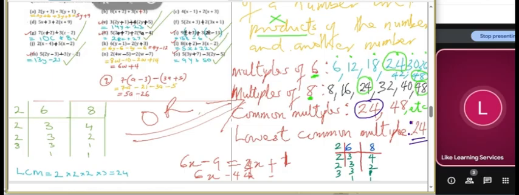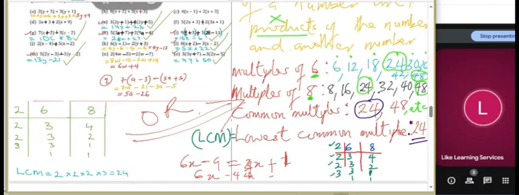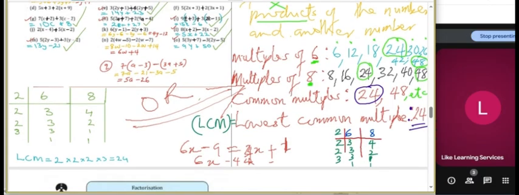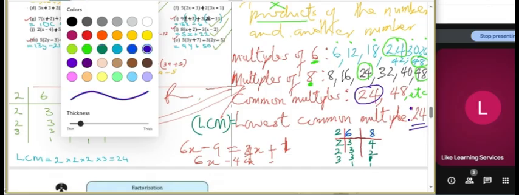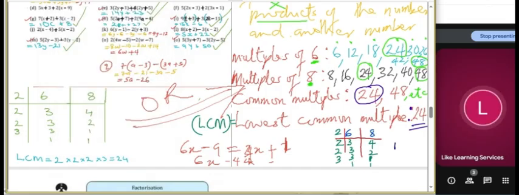By the way, lowest common multiple is also called LCM. So the LCM will be you multiply out all these numbers, all of them. That is 2 times 2 times 2 times 3.